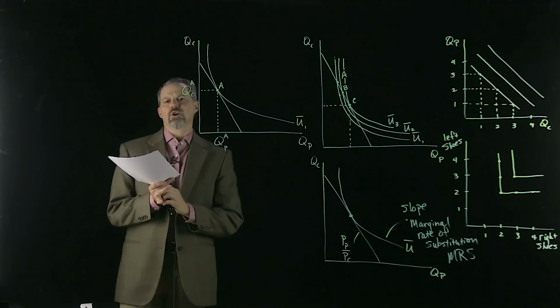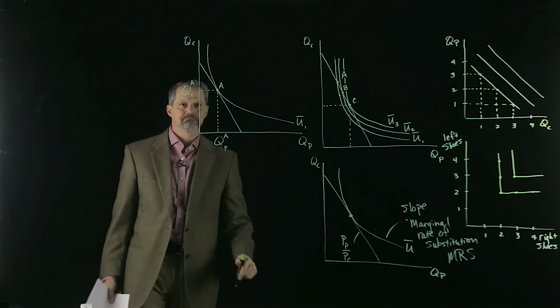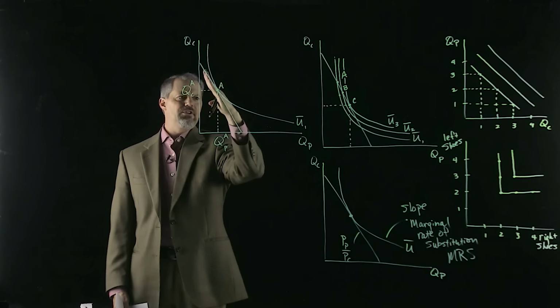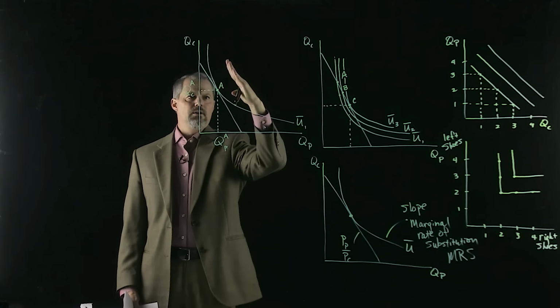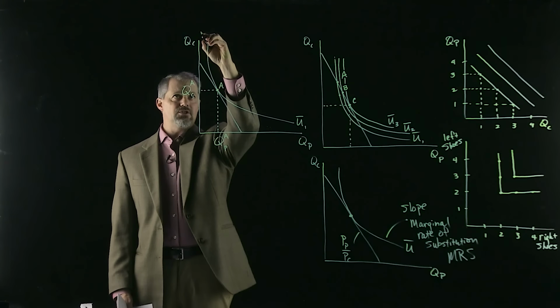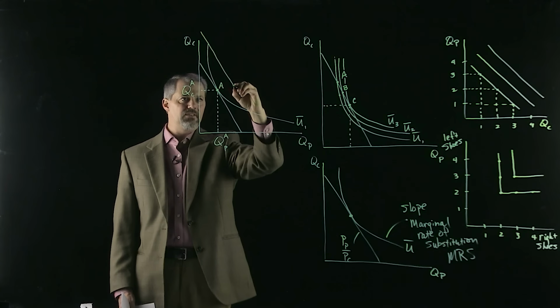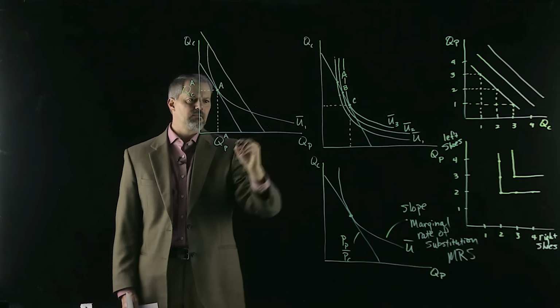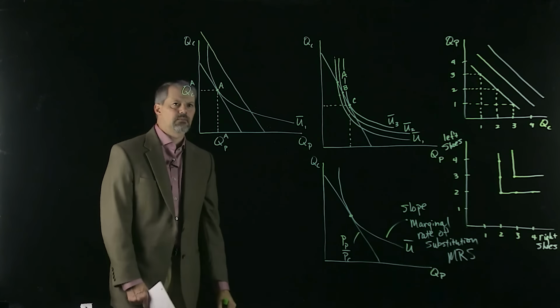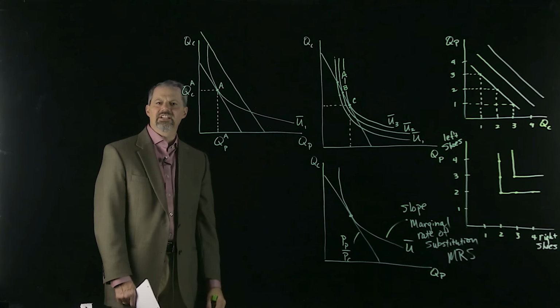Let's suppose income goes up. If income goes up, we know this budget constraint is going to move out parallel to itself. It's going to shift out something like this.